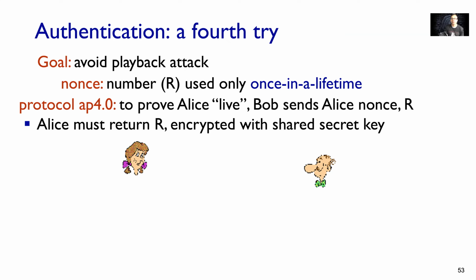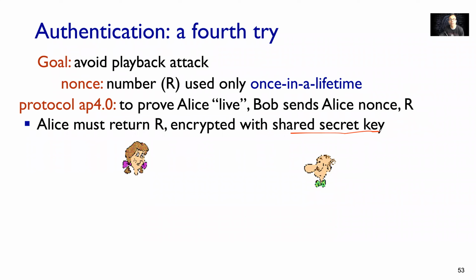So here we are assuming that there already exists a shared secret key between these two endpoints. If you think about it, this could only be possible if there has been some prior contact or communication whereby the two entities have established this shared secret key beforehand.